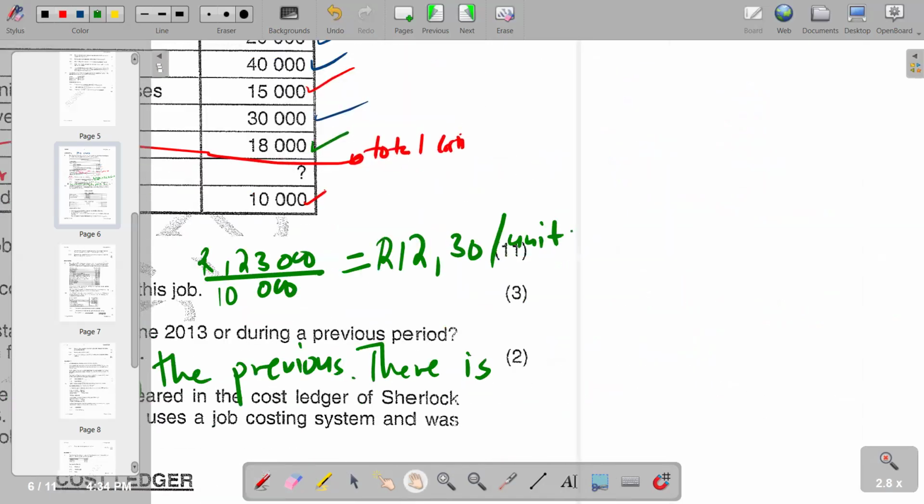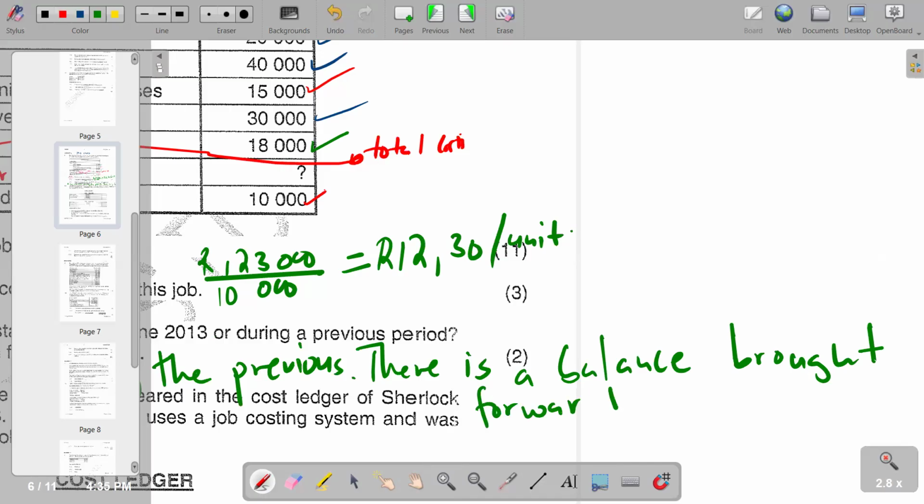So with that, we have explained everything. There is a balance brought forward from the previous period. So this becomes the reason why we are saying it was started during the previous period.